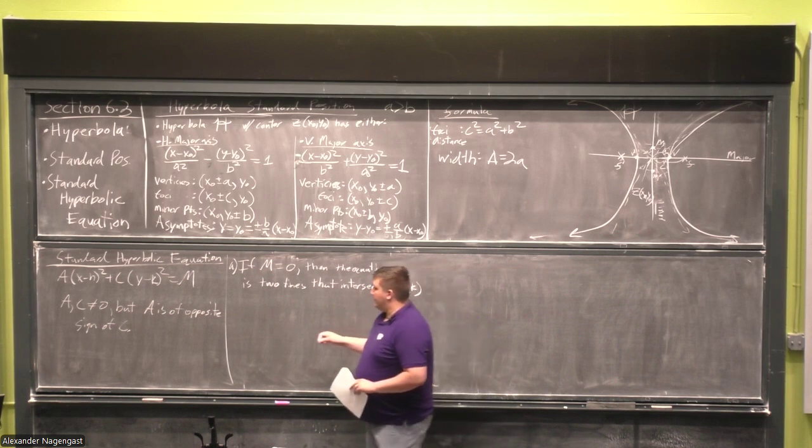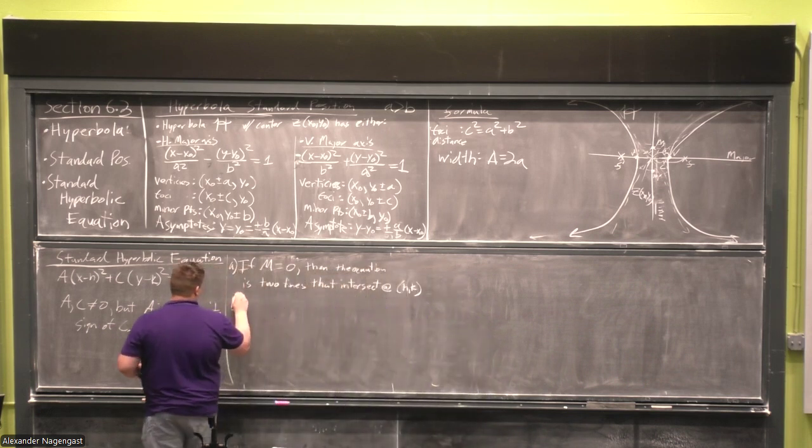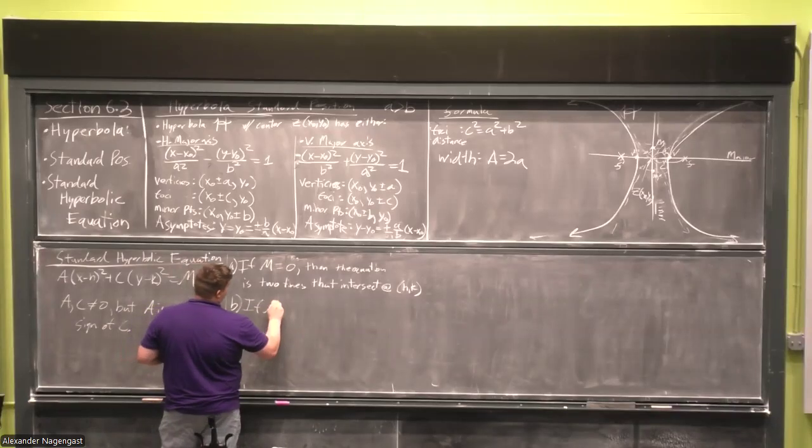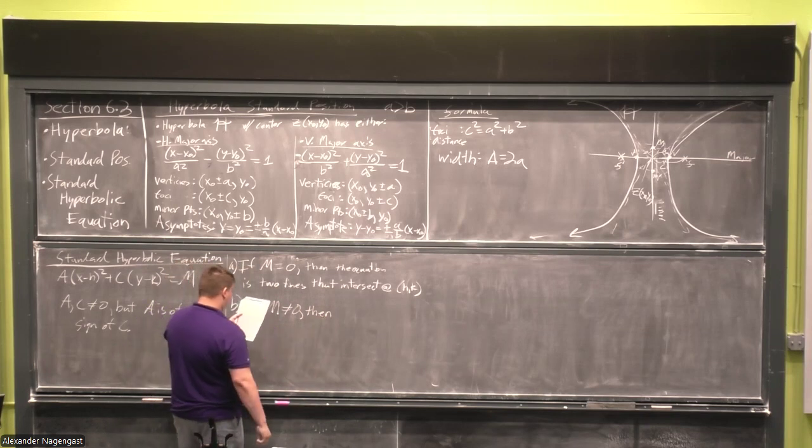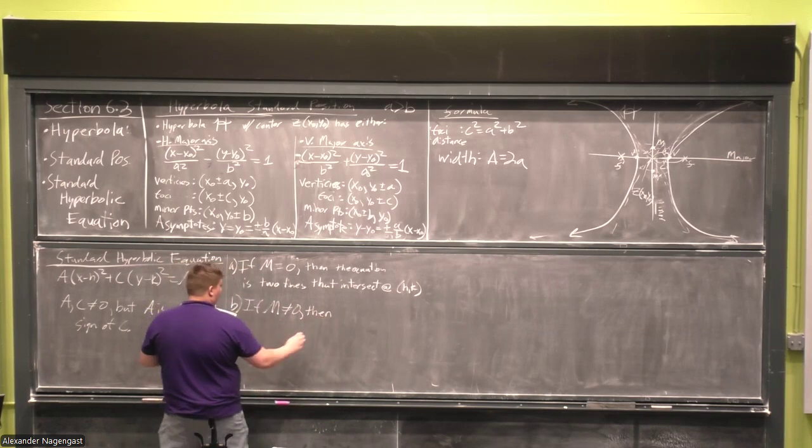So what happens if m does not equal 0? Then we have a hyperbola.